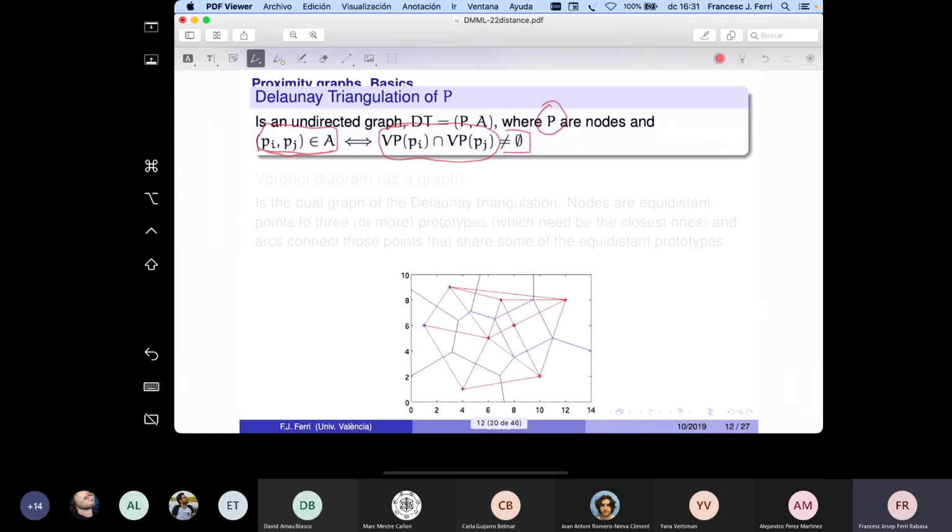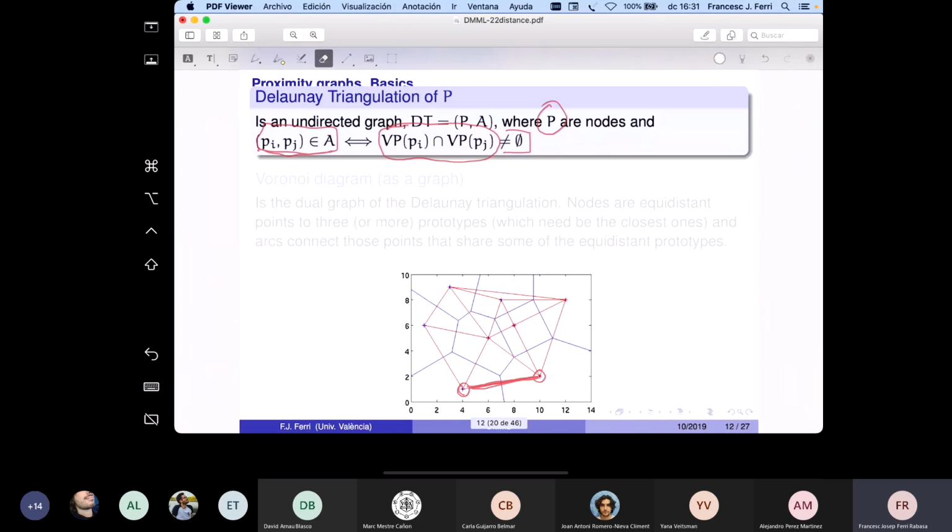In other words, for example, here, this point and this point are related because the intersection of the two polytopes, which is this line, is not empty. So, because these two polytopes intersect. Okay?